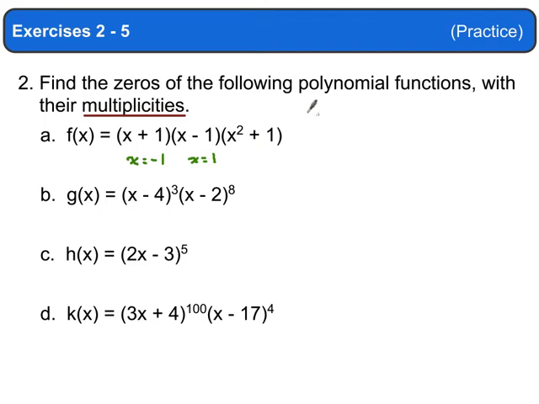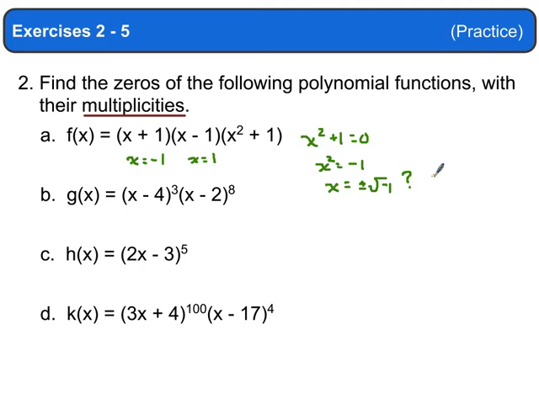So if we attempted to solve it, let's just think about this one. x squared plus 1 equals 0. If we try to move this to the other side, we get x squared equals -1. To get rid of a square, we square root, so x would have to equal plus or minus the square root of -1. We're going to put a question mark by that, because we can't take the square root of a negative number.